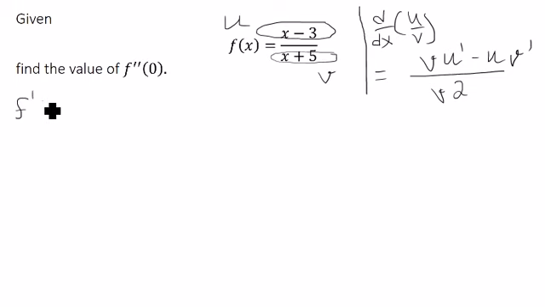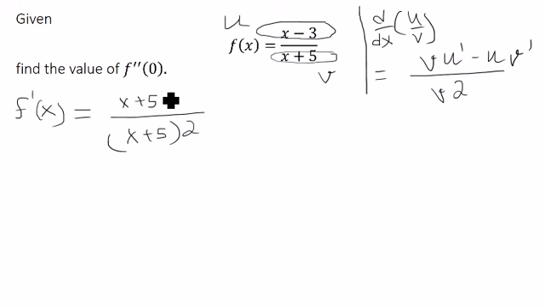You'll have to find f prime of x, and then eventually the second prime, and then replace x with 0. That's how it works. Okay, so f prime of x is going to be v squared, which is x plus 5 squared, and then x plus 5 on the top, according to that formula, v times u prime. So let's just find u prime and v prime on this side so that we can plug these things back into this one.